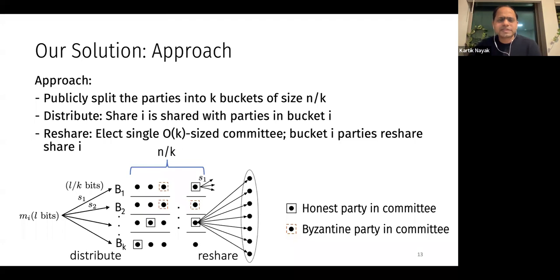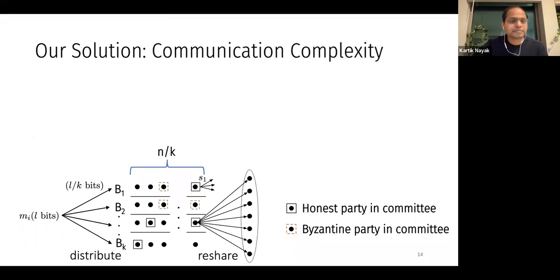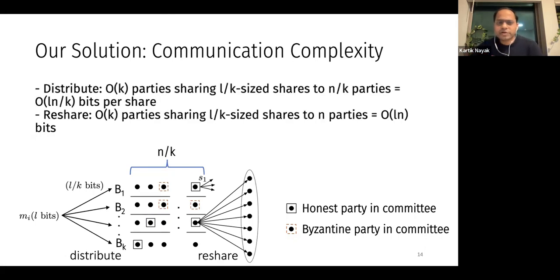First, let us convince ourselves that the solution gives us better communication complexity. In the distribute phase, the set of parties who are distributing can be bounded to order kappa. So you have order kappa parties sharing L over kappa size shares to n over kappa parties for a given share.